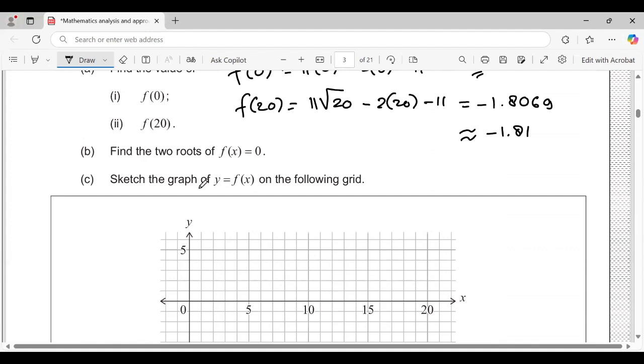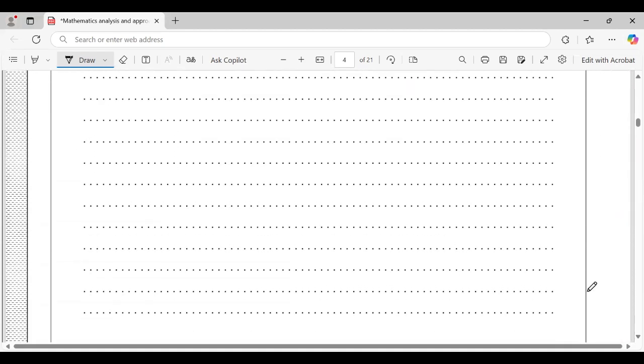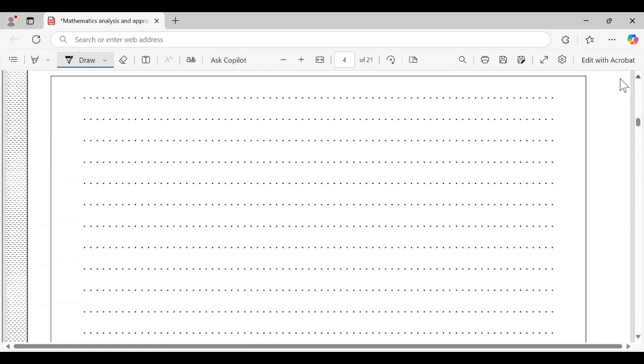Next question, sketch the graph of y equals f(x) on the following grid. Firstly, we need to find the intercept points on the x-axis, where y equals 0.